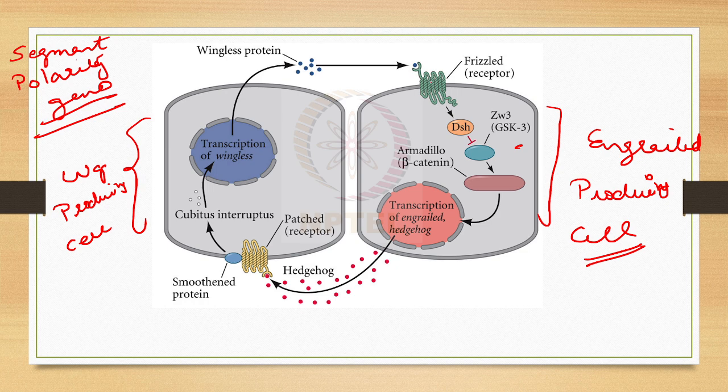It binds to the frizzled receptor present in the nearby engrailed producing cell. Then, through the downstream processing, transcription of engrailed and hedgehog takes place. This hedgehog is secreted, binds to the PAST receptor, and ultimately leads to the transcription of wingless.